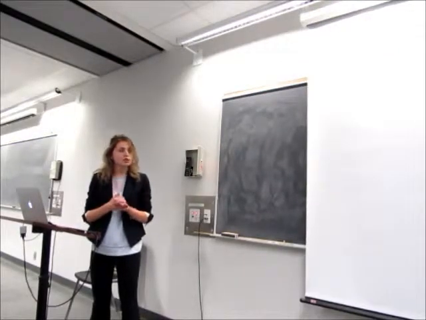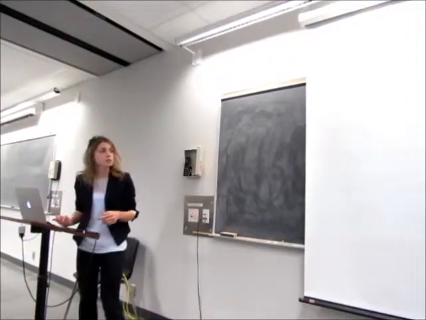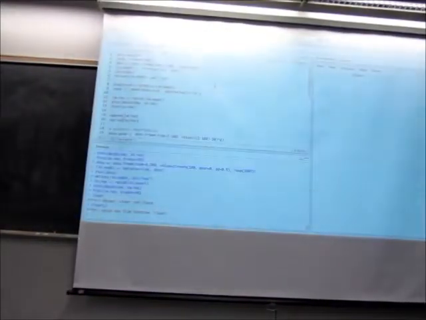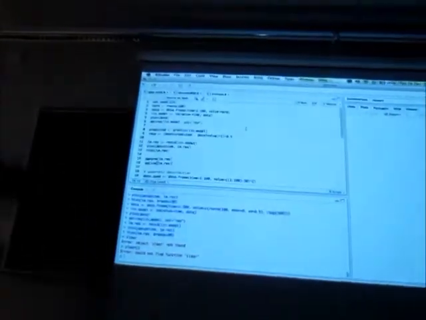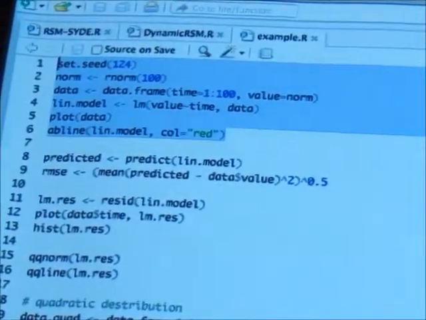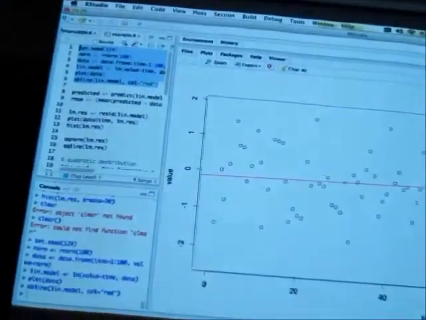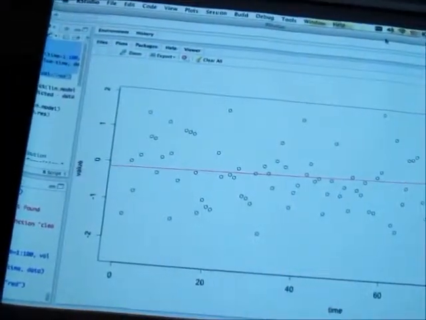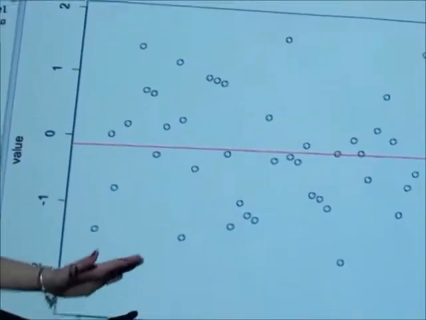So the idea would be just to show it on real data and how a linear model would be fit and the errors that will be generated. I'll start with a normal distribution. Here I have normally distributed data, varying between -2 and 2, and say 100 time units.